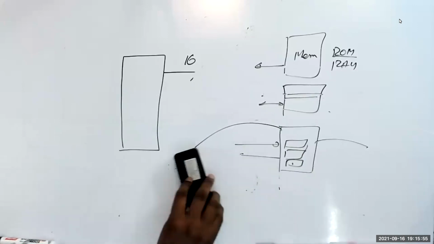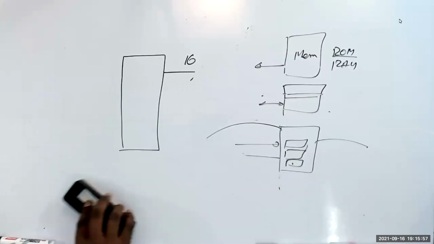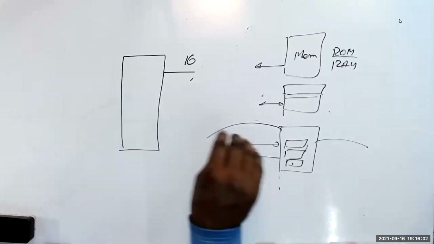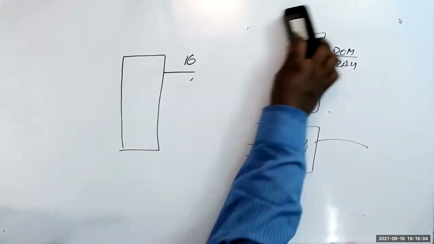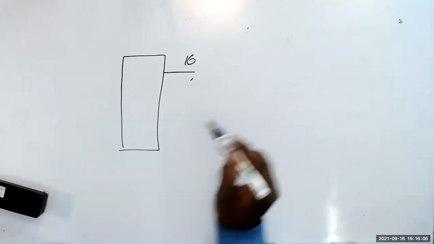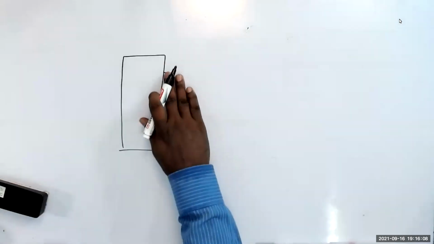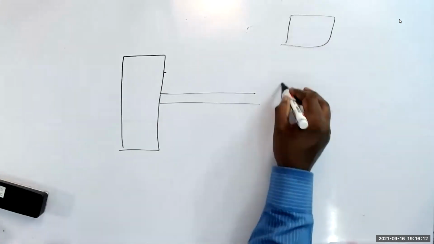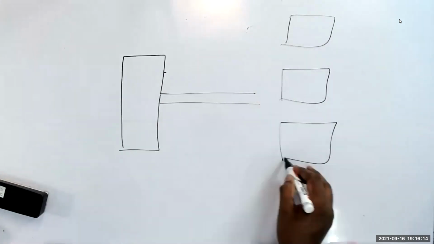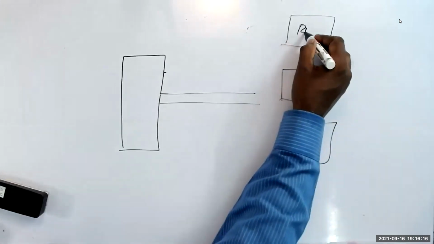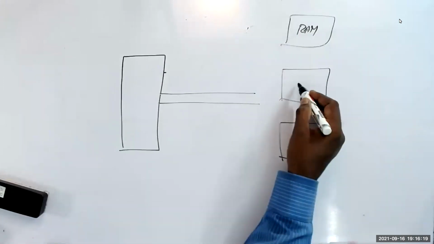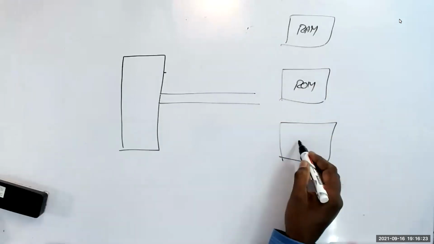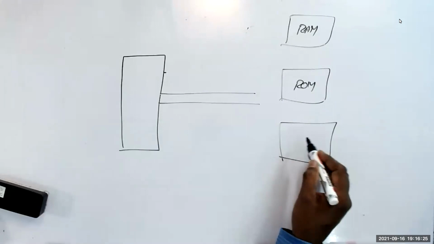Now, the trick here is the same thing. If I have an I2C bus, and I have so many devices, I may have an I2C-based RAM, an I2C-based ROM, or some controller.